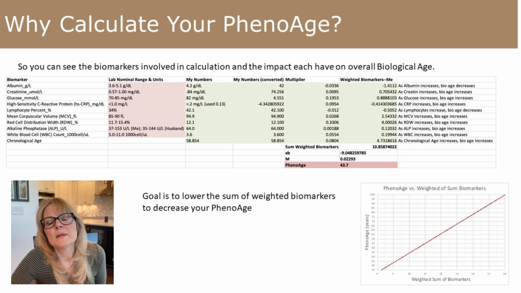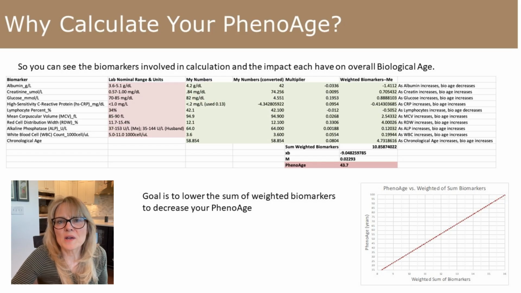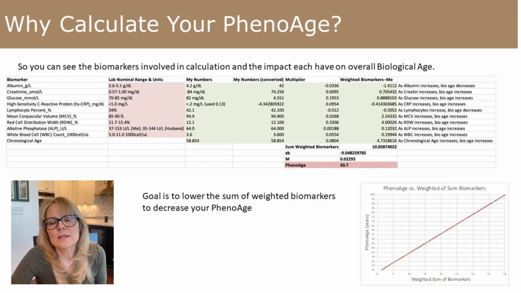So the goal would be then to lower the sum of those weighted biomarkers to bring your age down. And you can see here in the notes by the last column which direction you have to move these biomarkers to get the desired result.